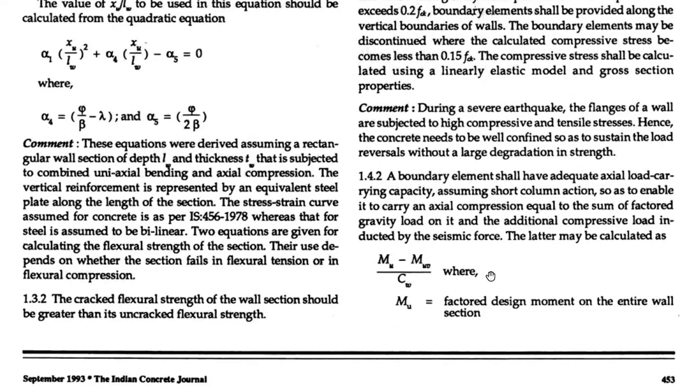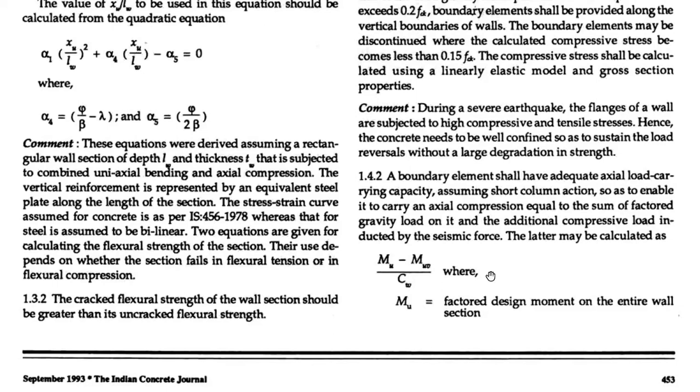A boundary element shall have adequate axial load carrying capacity, assuming short column action, so as to enable it to carry an axial compression equal to the sum of factored gravity load on it and the additional compressive load induced by the seismic force.